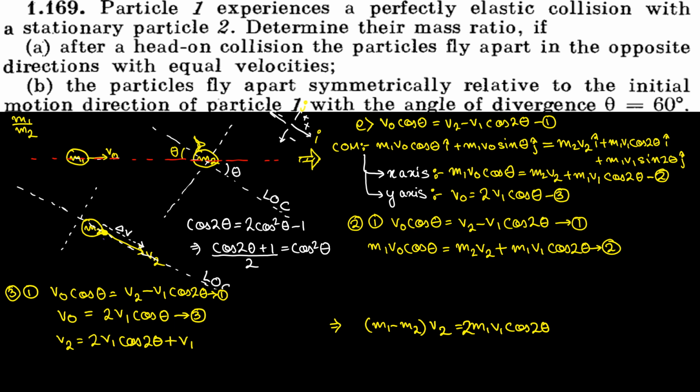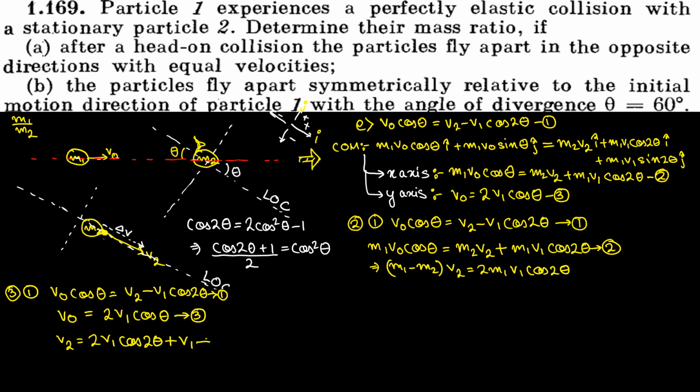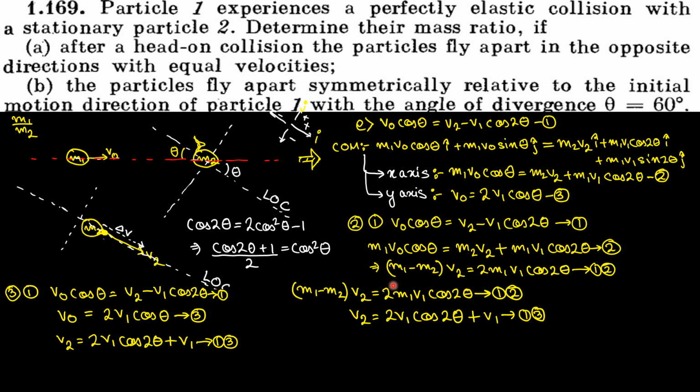Now we got two further equations, one from the combination of 1 and 3, okay, this is 1 3, and this is nothing but 1 2. Now if I combine these two equations, okay, I'll get the value of m1 by m2. So let me combine these two equations. So this equation is nothing but this one and this equation is nothing but this one.